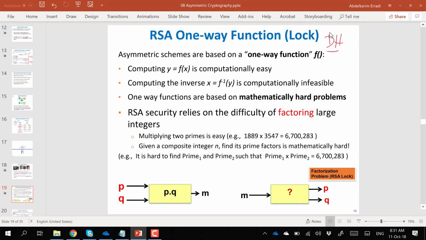So RSA relies on the same idea, that it is based on this concept of a one-way function. So a one-way function: you dig into math, and you try to find some function that is very easy to compute, but very hard to invert. Very hard to inverse and very easy to compute.